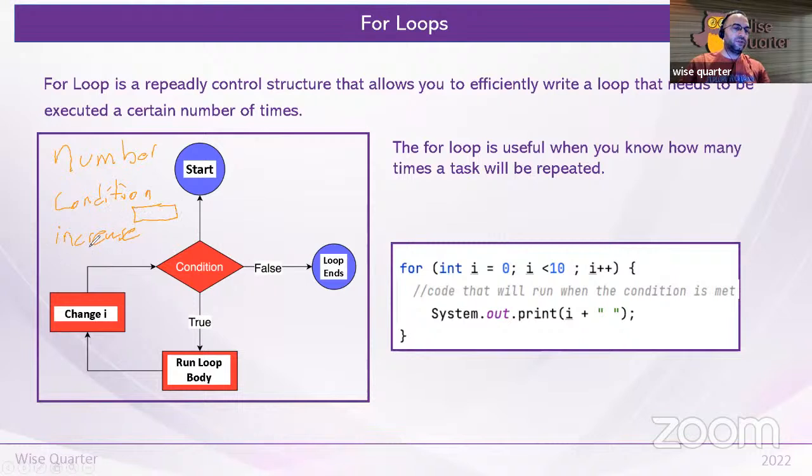Then the system will increase the value. Now we have number plus 1. Again, it will check the condition. It will execute the body and increase the value. Number will be 3. It will continue until the condition is not correct, and when the condition is false, it will stop. Loop will end.